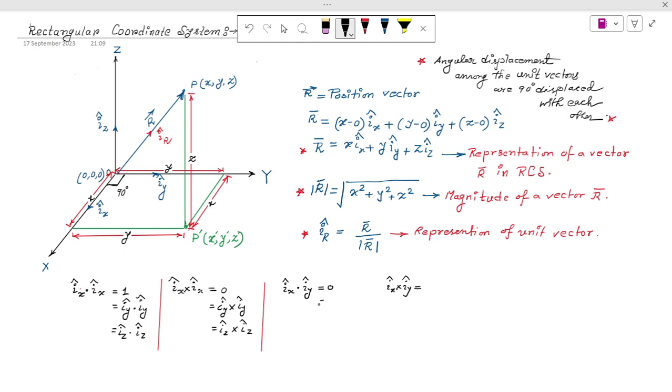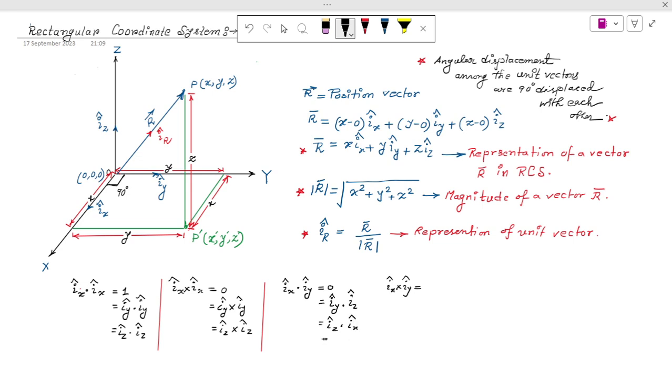This is equally true for Iy dot Iz, Iz dot Ix.